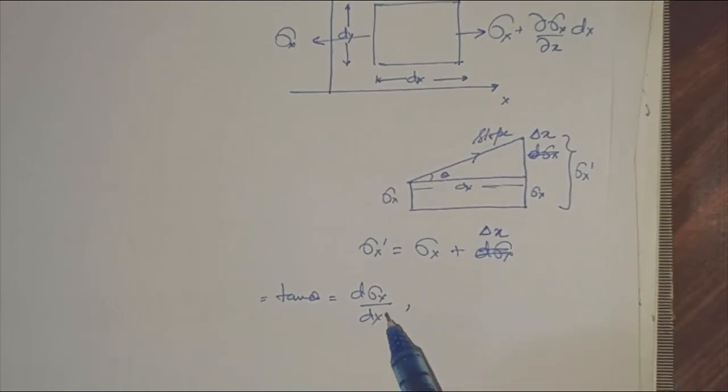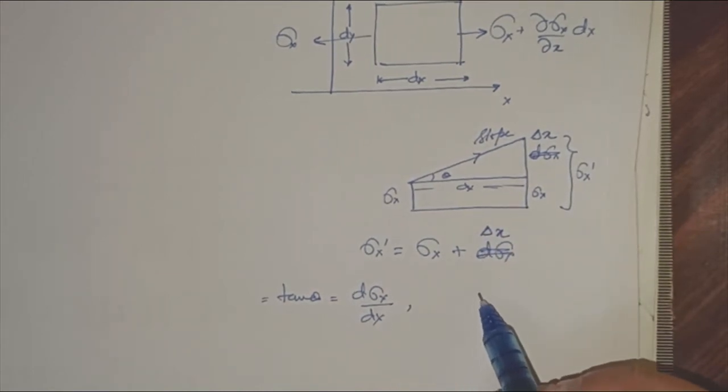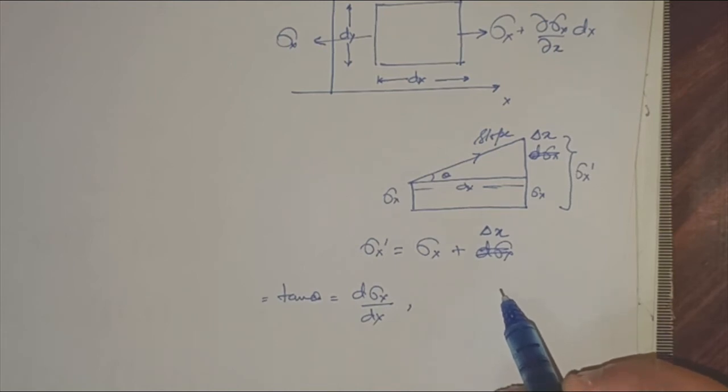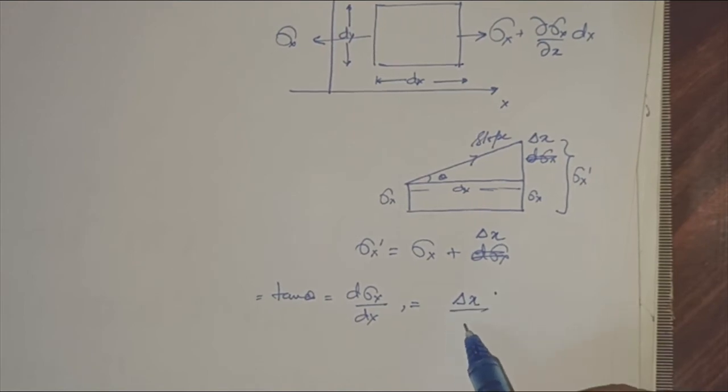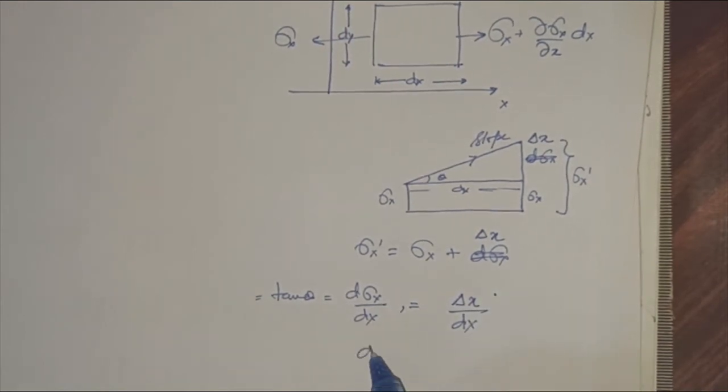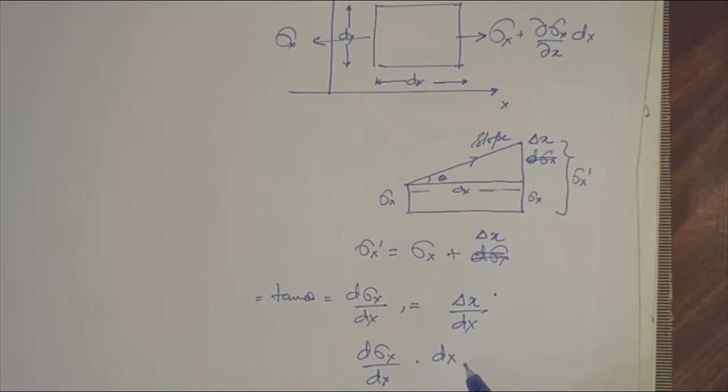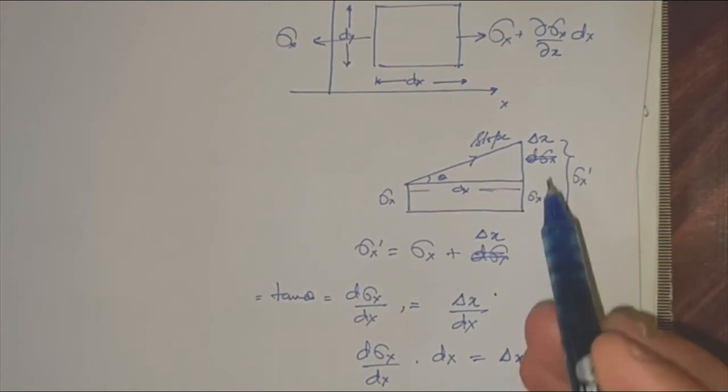This will be much easier. So what will be my delta x? Tan theta becomes equal to delta x by dx. So I can write d sigma x by dx times dx equals delta x here.